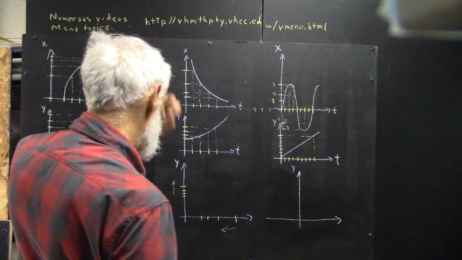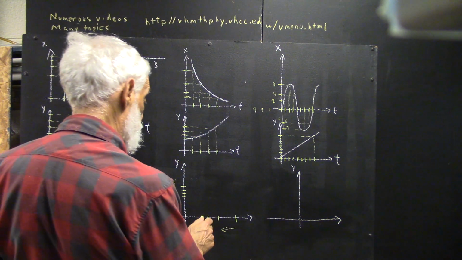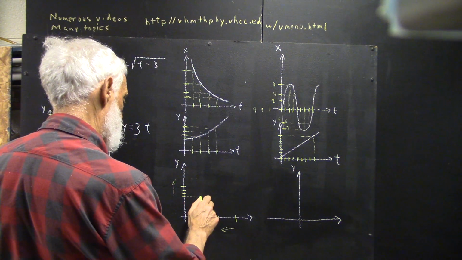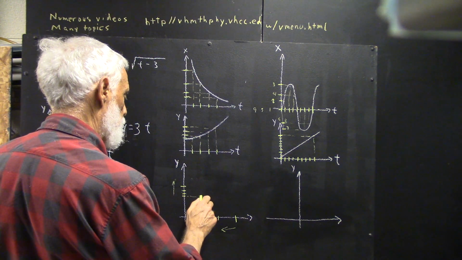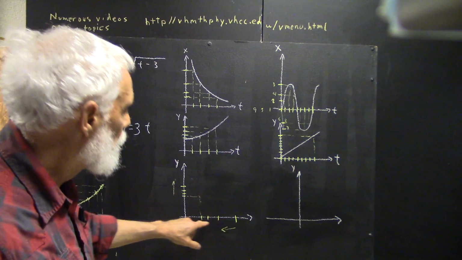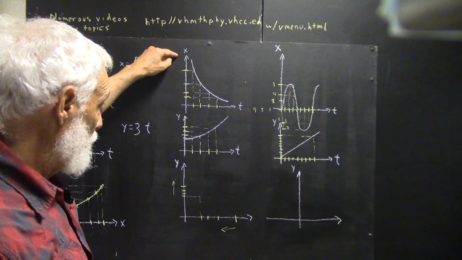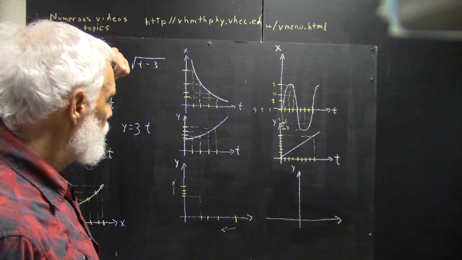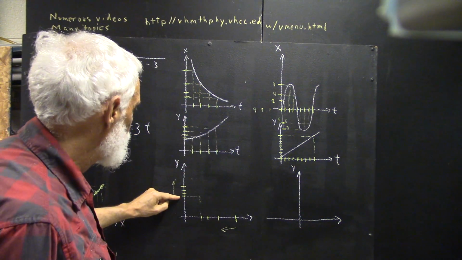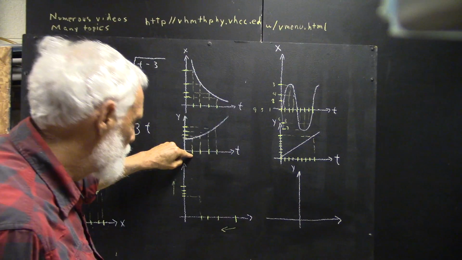Okay, now, when I did this graph before, I just blithely took this point and matched it up with this point and got a point right here. What's wrong with that? Well, this is the x point that corresponds to this t value. This is the y value that corresponds to this t value.